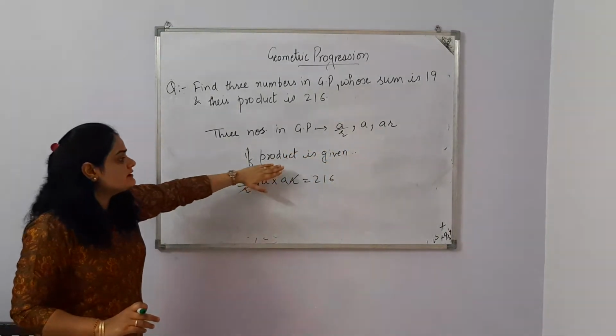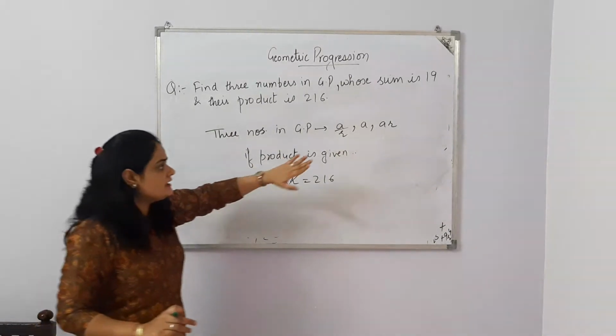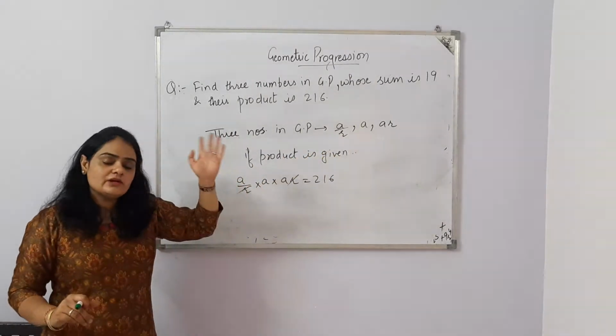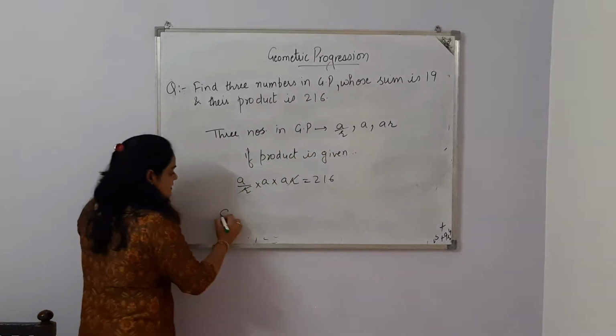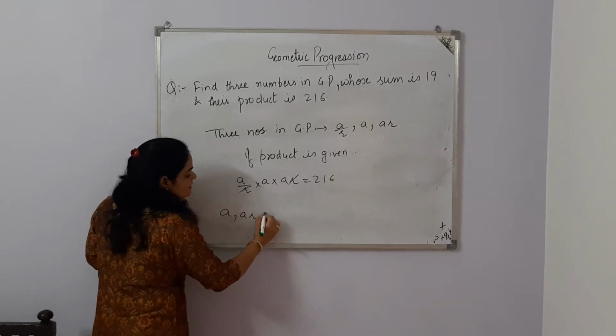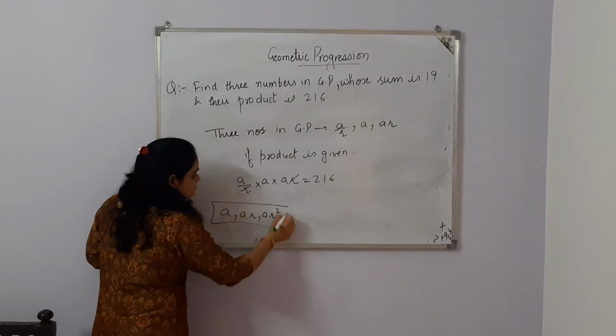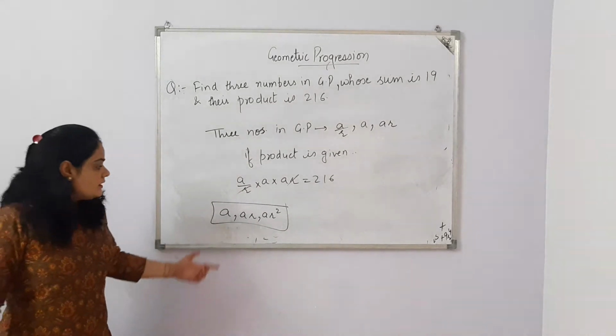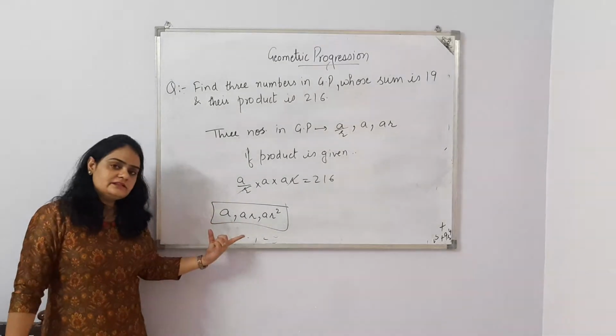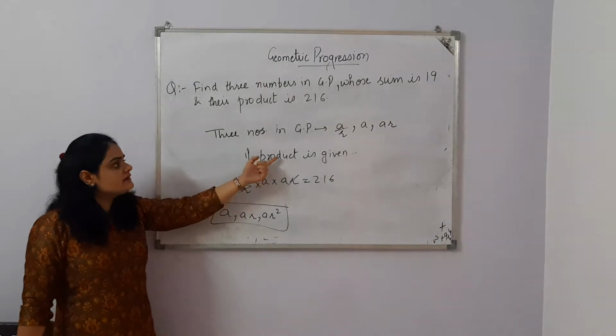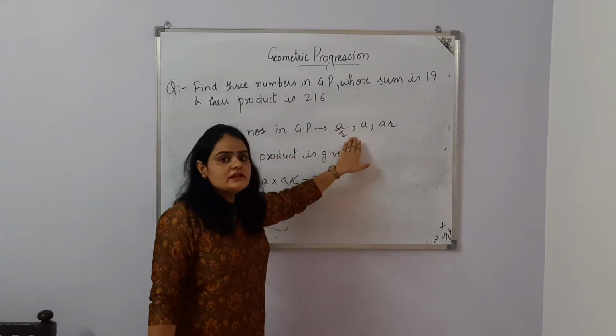Whenever the product is not given, then instead of taking these three numbers, take A, AR and AR cube. So if the product is not given, take these three numbers. If the product is given, take these three numbers in GP.